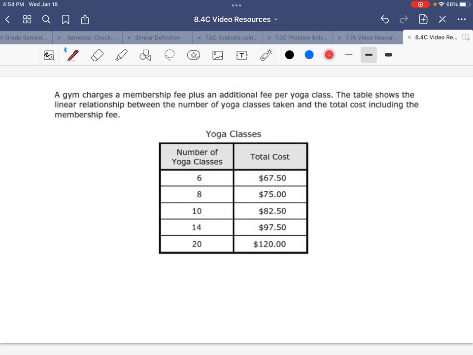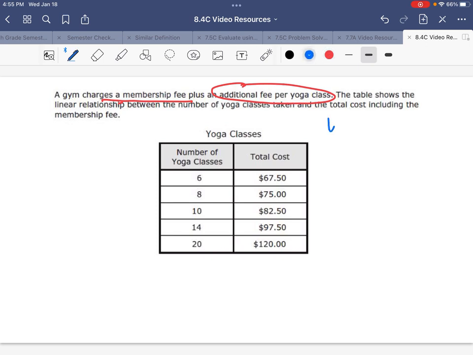And now we have a gym membership. So our gym charges a membership fee plus an additional fee per yoga class. Well, just thinking of that scenario right now, I think I'll only pay the membership fee one time, but I'm going to have to pay for each yoga class that I attend.